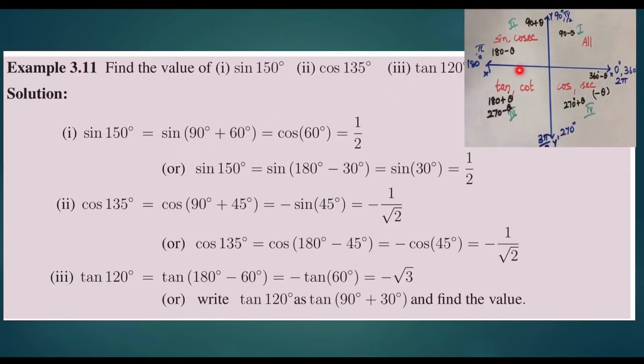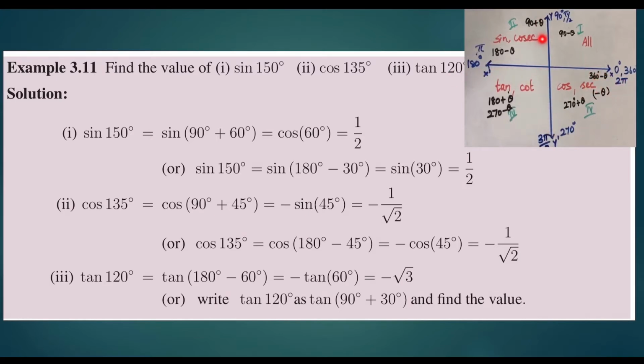So, sin 90 plus 60 means it will come in the second quadrant. Okay, so what did I tell? For 90 and 270, there is change in trigonometric ratio. But for 180 and 360, there is no change in trigonometric ratio.